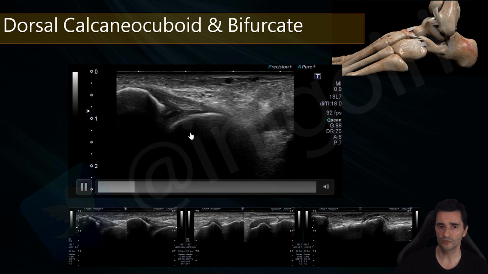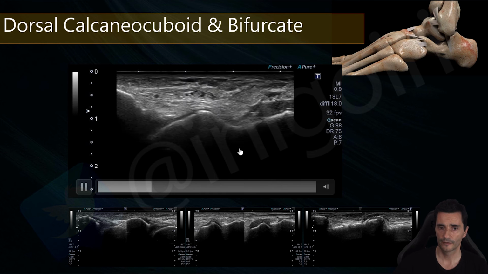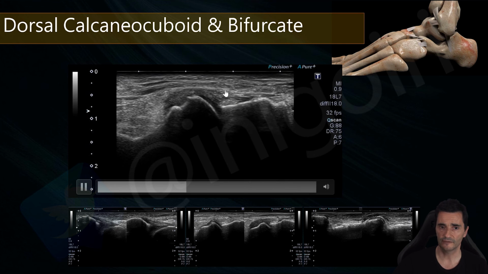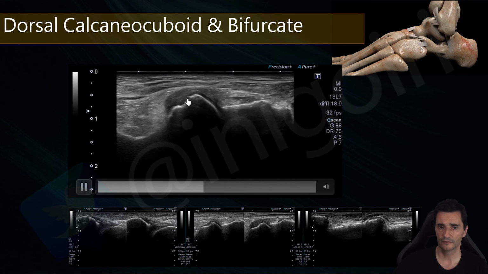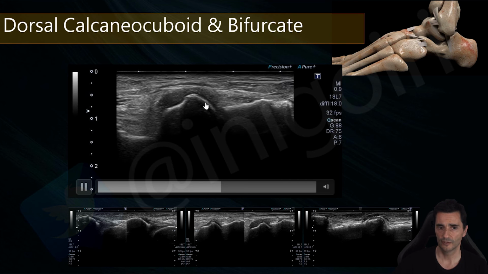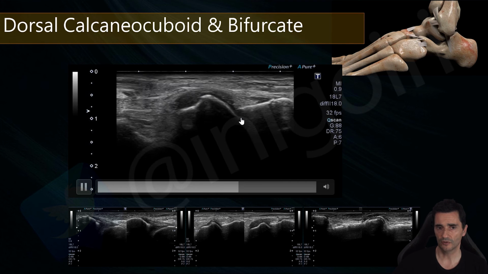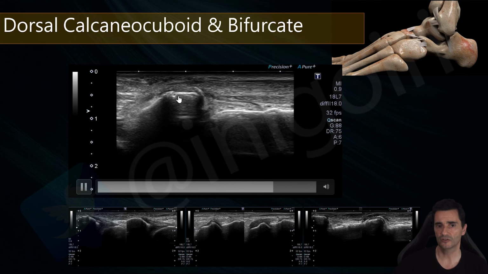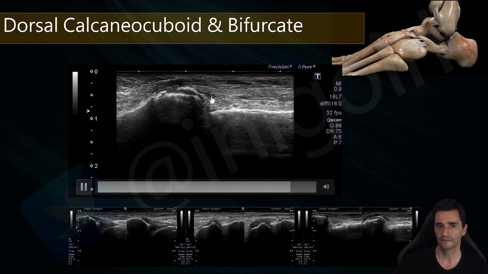So we continue, and in the talus, between the talus and the navicular bone, again thickening, hypoechoic ligament with an avulsion here. And again the affection of the bifurcate ligament here.